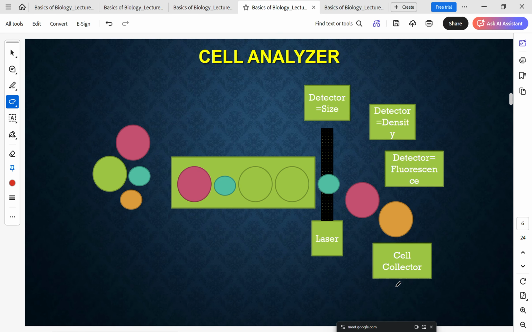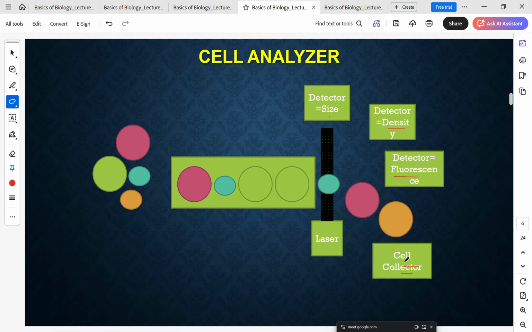So what you can do is pass this mixture of cells along a cell analyzer or a flow cytometer. There are detectors for size, and detectors for density. If your cells are fluorescently tagged, there are detectors for fluorescence, and there is a cell collector if you want to collect these cells.